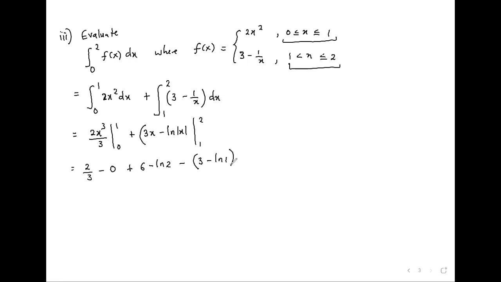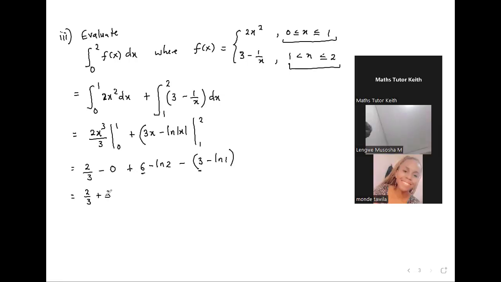Ln 1 is 0. So we have 2 over 3. 6 minus 3, that's 3. So we have 3 and then minus ln 2, because ln 1 is 0.